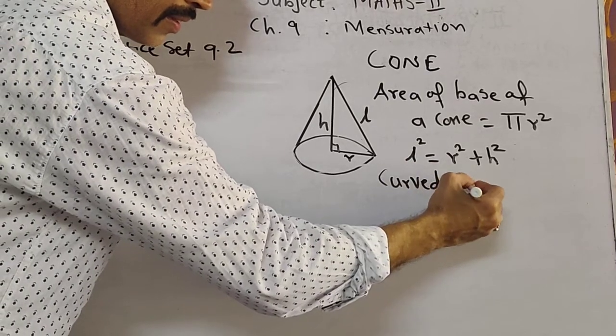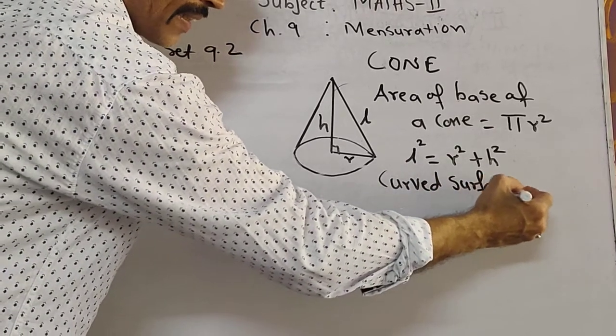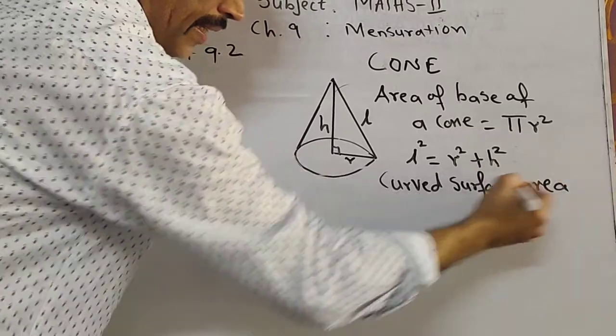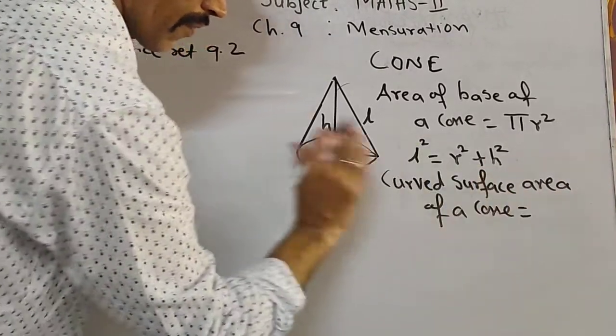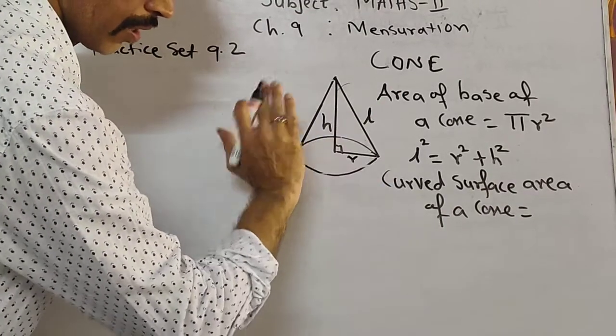Curved surface area of a cone. Curved surface area, you know, like that, the curved one.